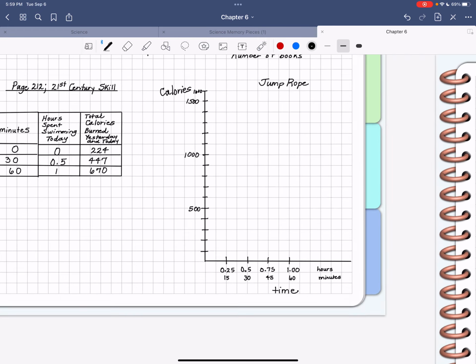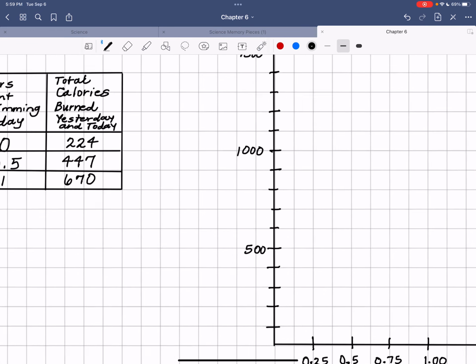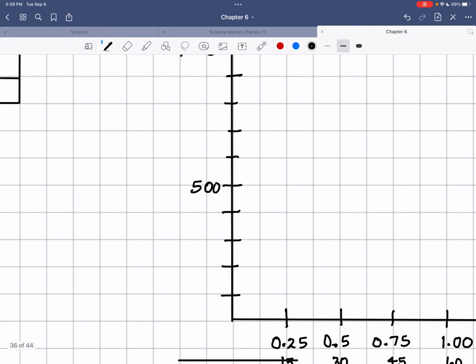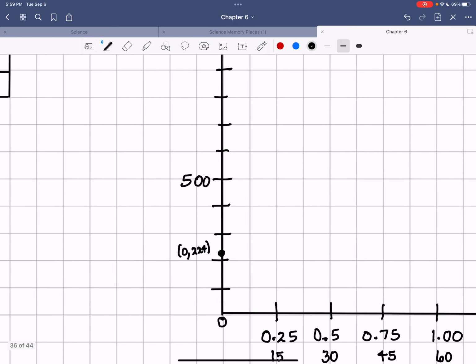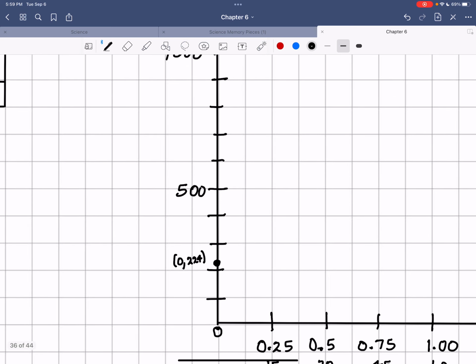Okay, on this graph, let's go ahead and put a data point on here. Remember, if he spends 0 hours jumping rope, he still has the credit for yesterday's bowling. So this is at 0,224. And then they give us one more data point for this graph at 0.25. We're up here at 410.